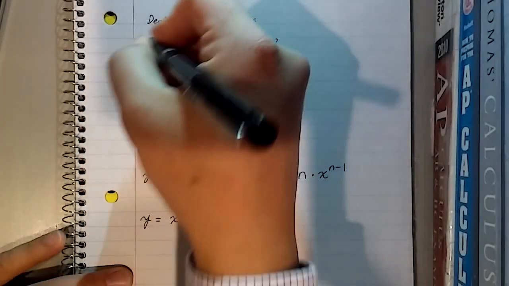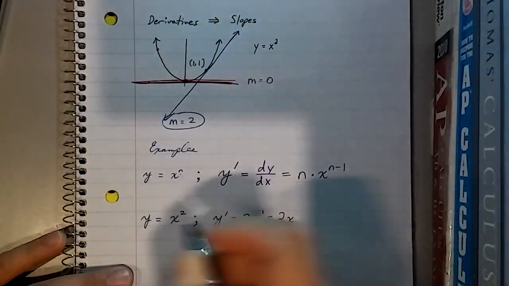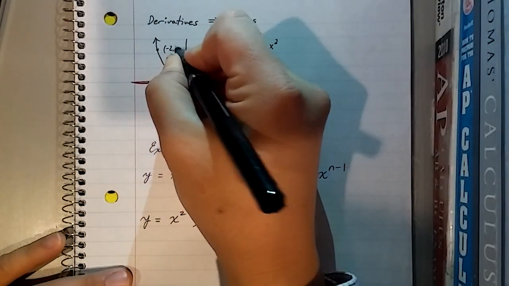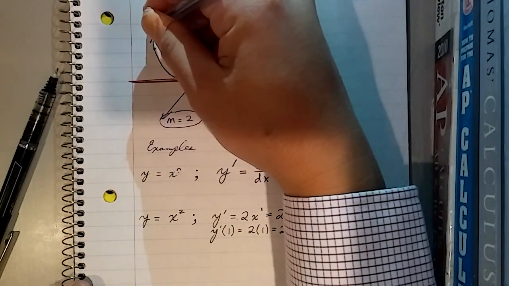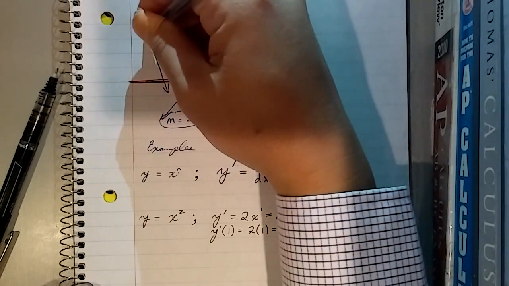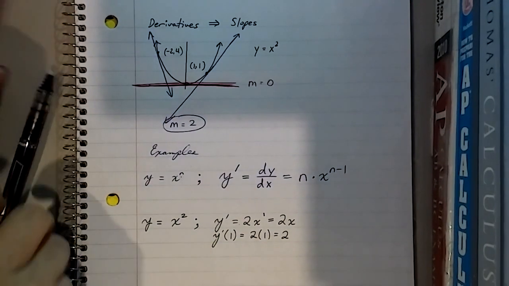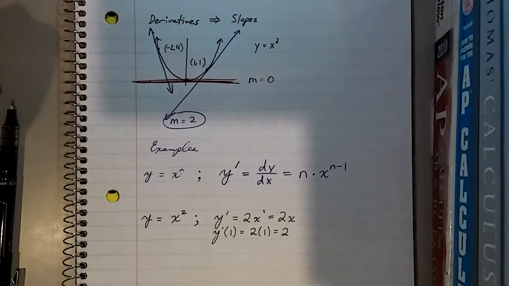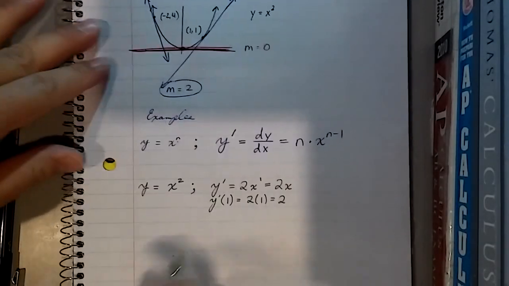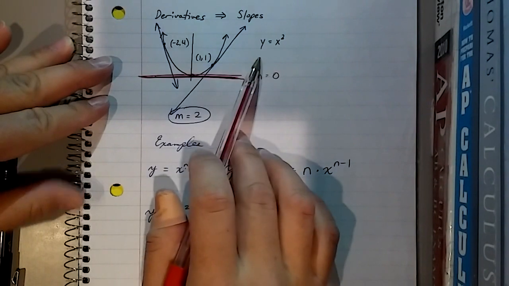So if a tangent line has to cross over here, which is negative 2 comma 4, what is the slope of that line going to be? Well, again, this is still y equals x squared.